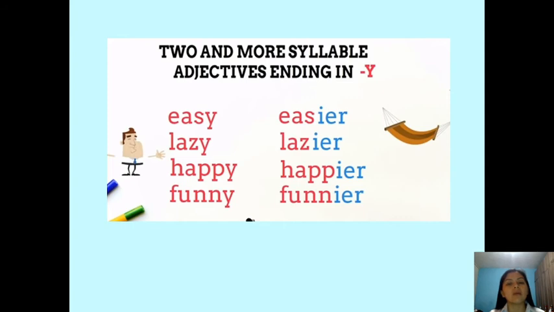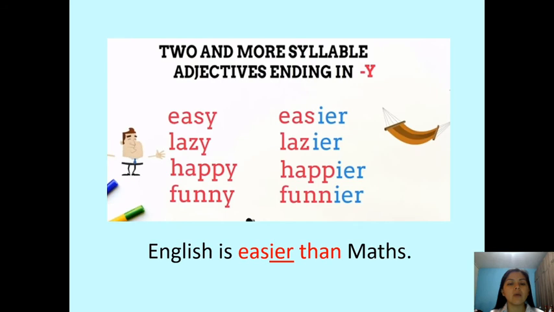When we have an adjective ending in Y, we will add ER, but we change Y to I. For example, easy, easier, lazy, lazier, happy, happier, funny, funnier. And we have one more example: English is easier than maths. We are comparing again just two, in this case two subjects, English and maths.